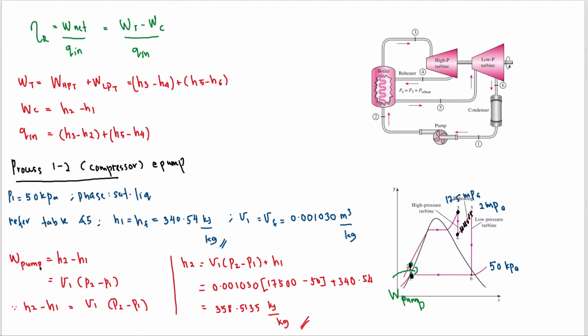We have work of pump. The formula is h2 minus h1. And we also have the formula of work of pump as specific volume 1 multiplied by P2 minus P1. Therefore, I can combine these into one equation.